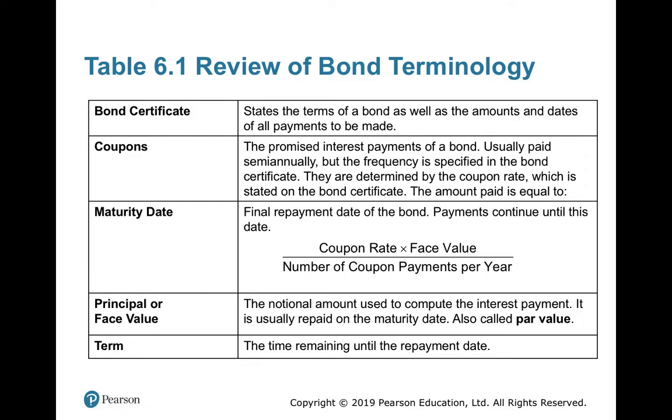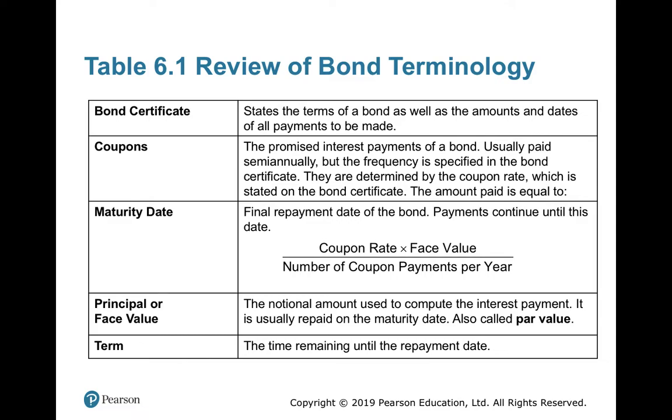And the amount paid is equal to coupon rate multiplied by face value divided by number of coupons per year. In the previous example, we have taken 10% coupon rate, 1000 face value, divided by 2 because it is semi-annual. So it came to $50 semi-annually. And maturity date.